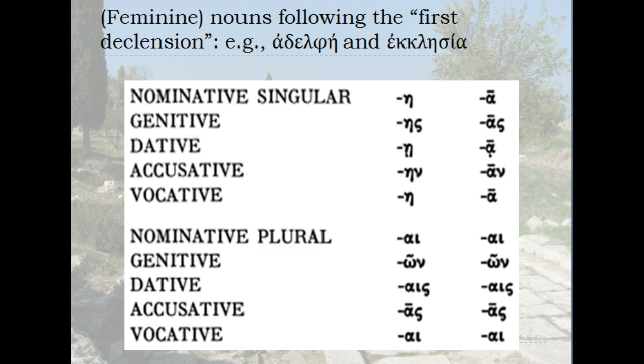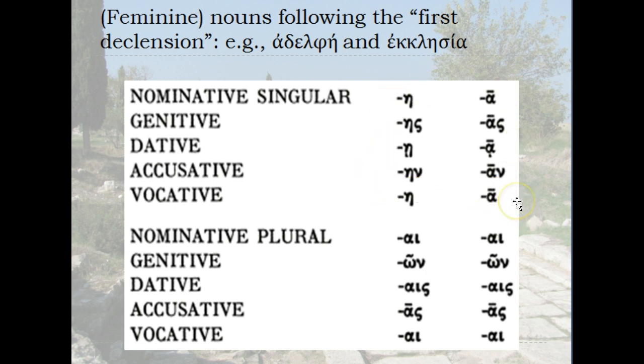I'm not going to pretend that there's really rhyme or reason to the endings that we're going to witness here, at least not until we get to the third declension and we can begin to compare some very different forms together. I will simply say that it will be greatly advantageous for you to commit to memory the forms of the first declension.